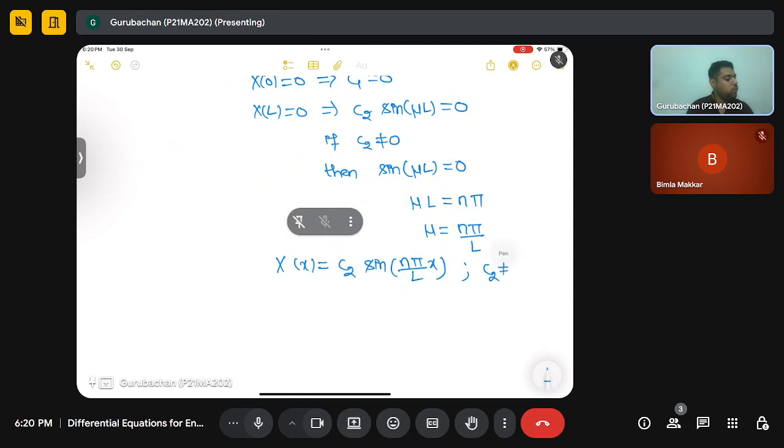Where c2 is non-zero and c2 is arbitrary.